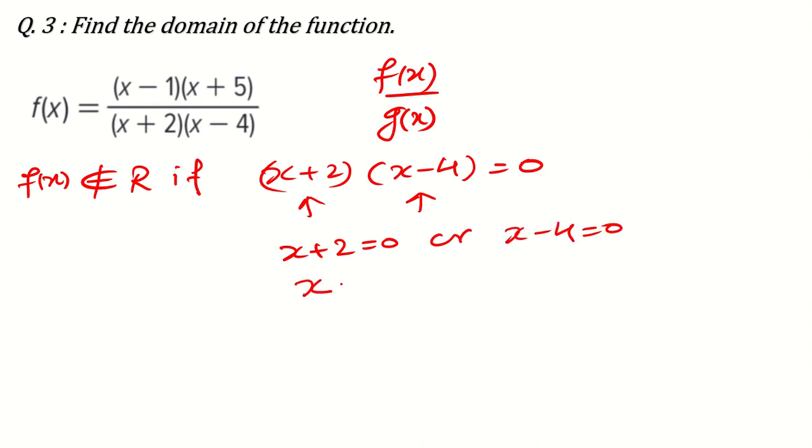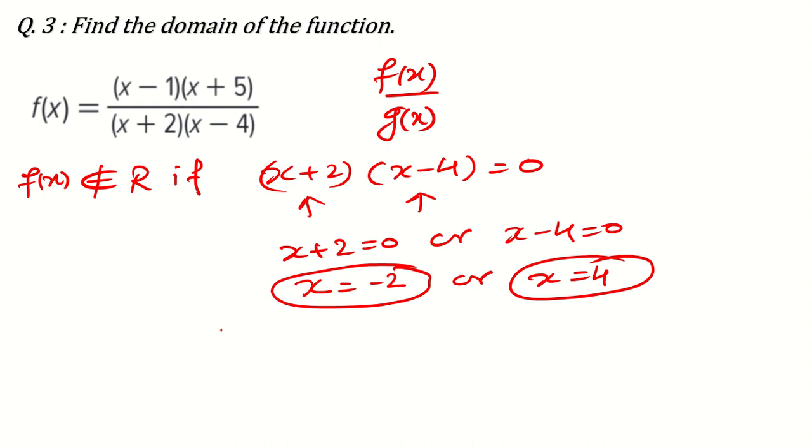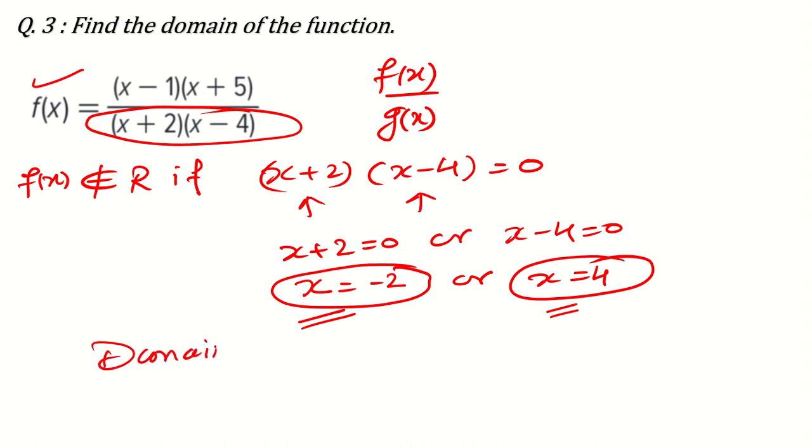If x plus 2 is 0, then x will be equal to minus 2, or if x minus 4 is equal to 0, then x will be equal to 4. So now we have two numbers for which this denominator will become 0 and the function will be undefined. So the domain will be equal to R, the set of all real numbers except minus 2 and 4. These two elements will not be part of the domain.